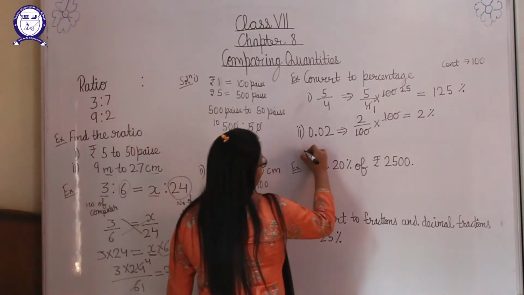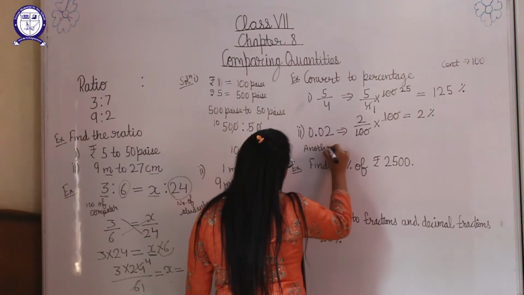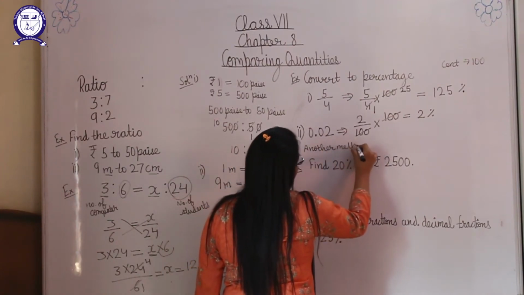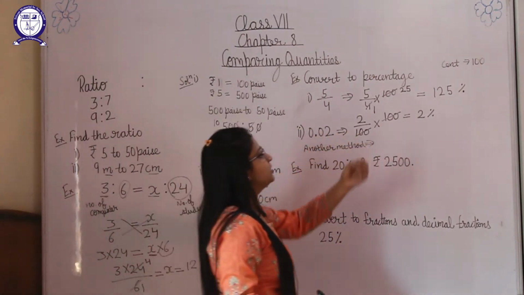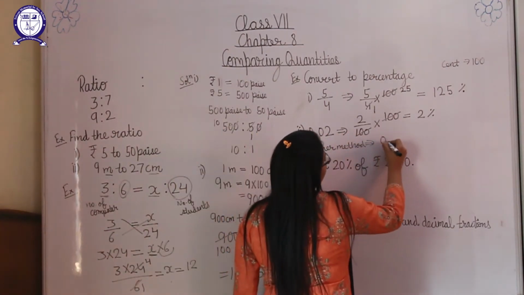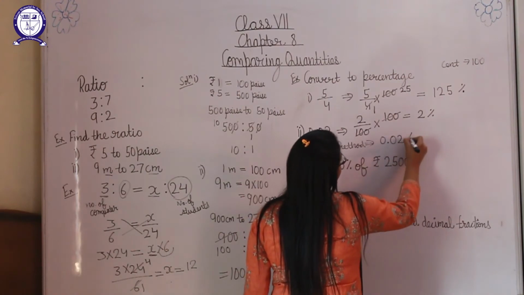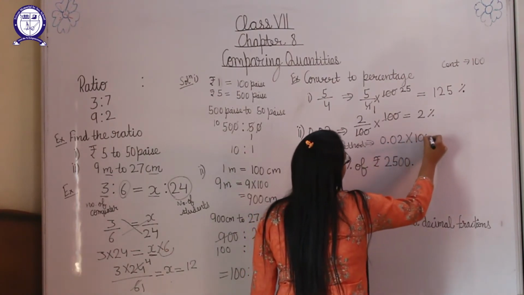Now another method here is to directly multiply this decimal number with 100. 0.02 is here. What will we do? We will directly multiply it with 100.